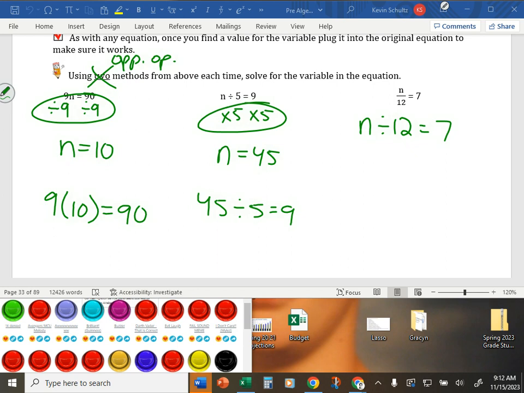So, what's the opposite of divided by 12? Multiply by 12. Okay? So times 12, times 12 there, that gets us n by itself on the left side. And on the right side, 7 times 12 is 84. So, same idea, just different operations. Okay? Any questions?